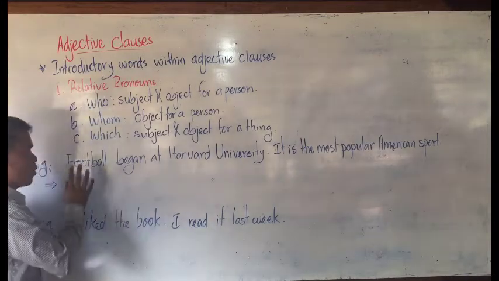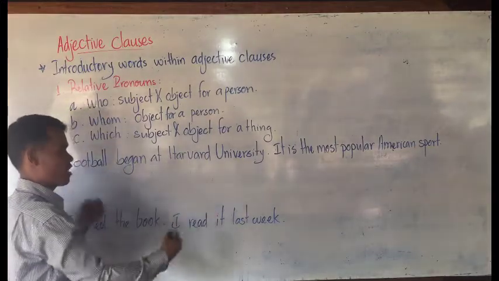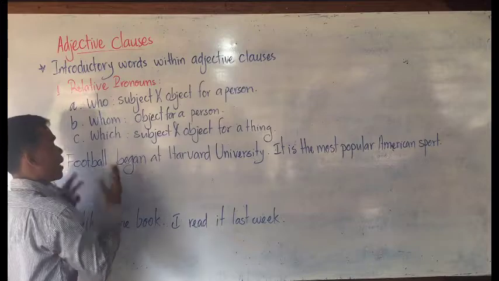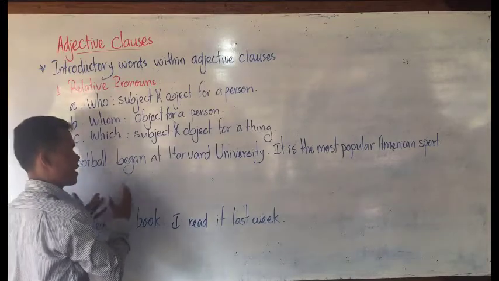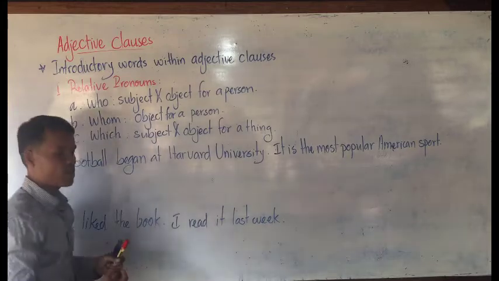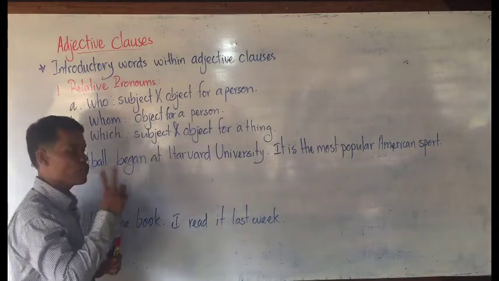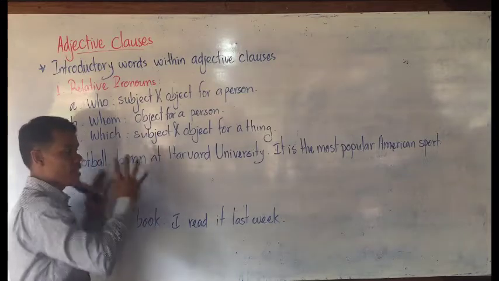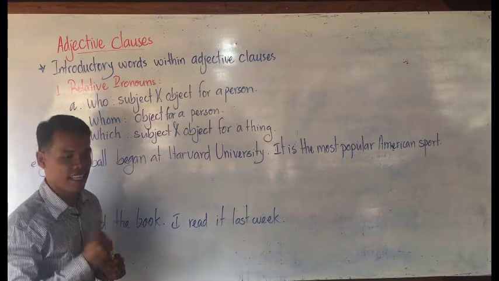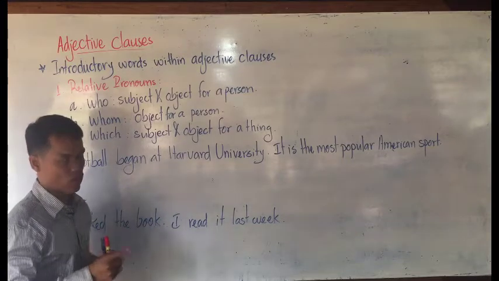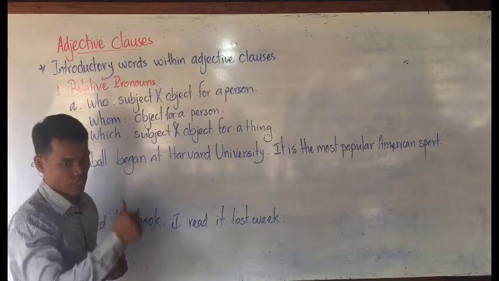In order to combine two simple sentences into one, we have to take a look at one noun in the first sentence and the other noun in the second sentence. If these two nouns are the same, you can use one noun as an antecedent or head noun, and the other noun is replaced by which.